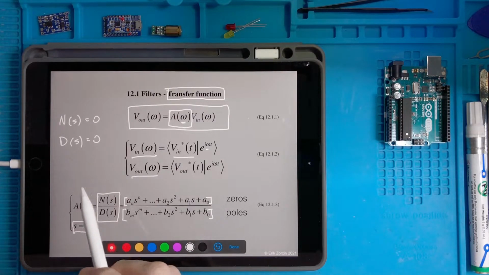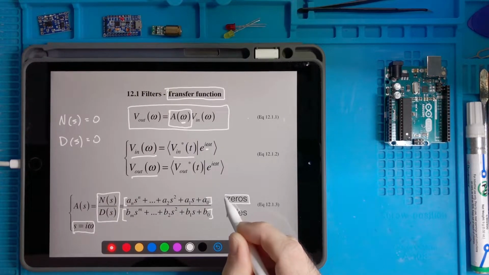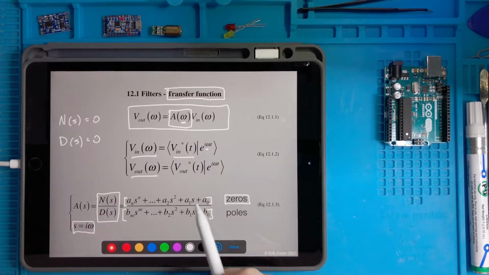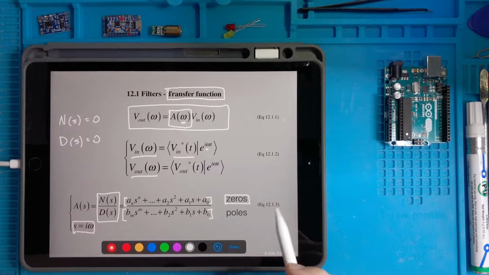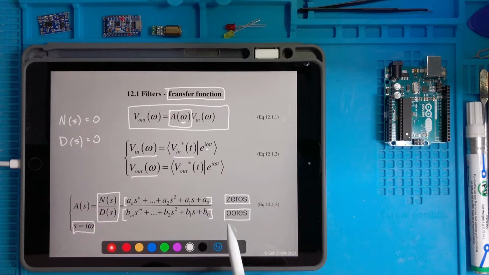The roots of the numerator are called zeros, the values of the variable for which the polynomial, if you compute this summation, equals 0. And for the denominator, those solutions are called poles.